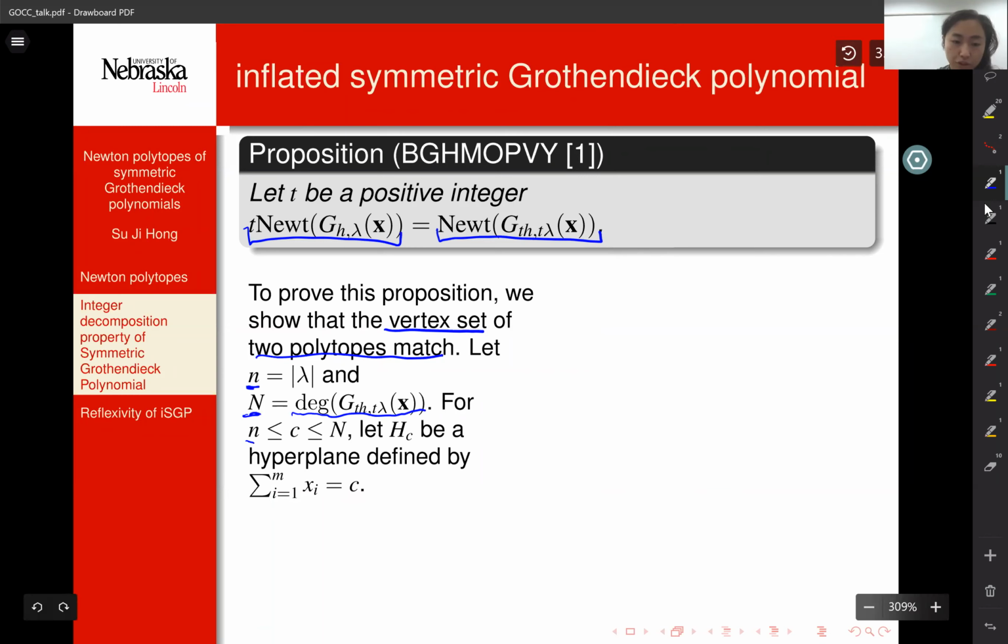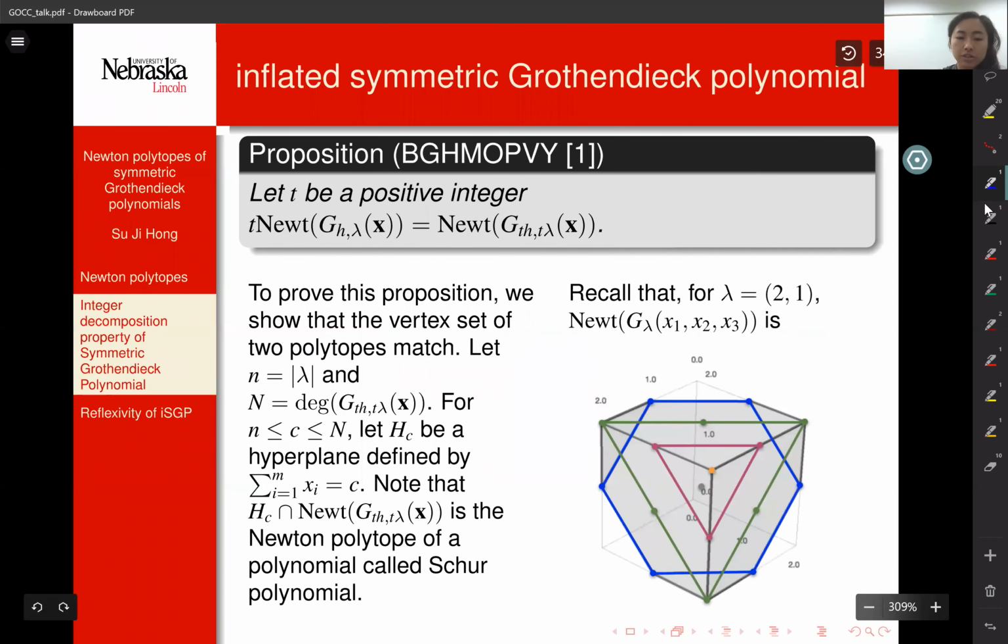For each of the integers between small n and big N, we let the hyperplane be defined by all the coordinates summing to that number. And when we look at the intersection of this hyperplane and the Newton polytope, what we get is each of these layers that we were talking about before.